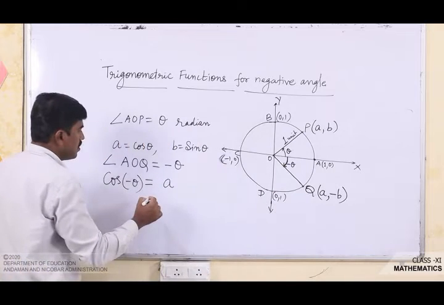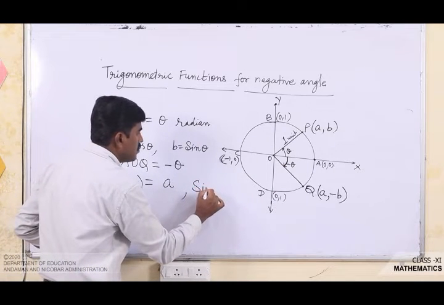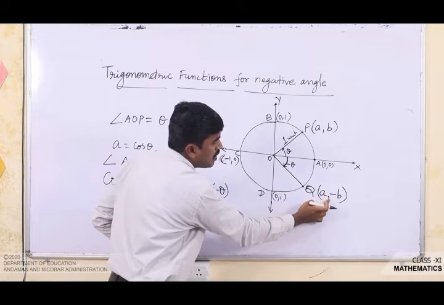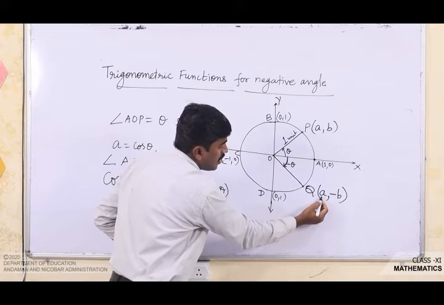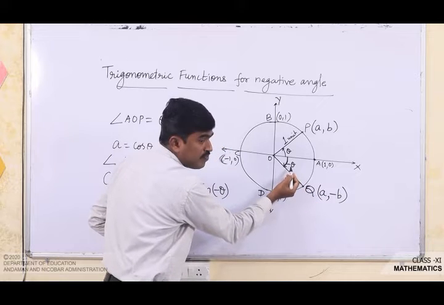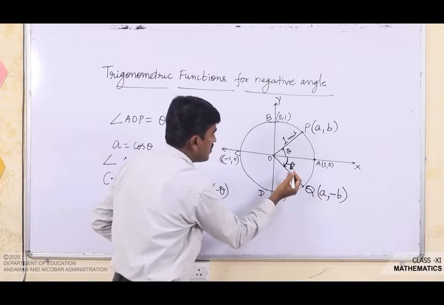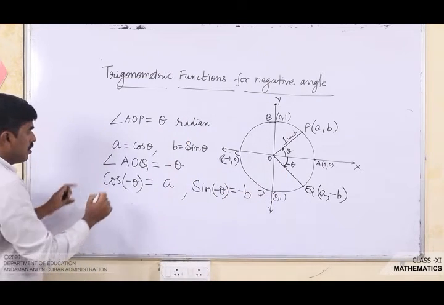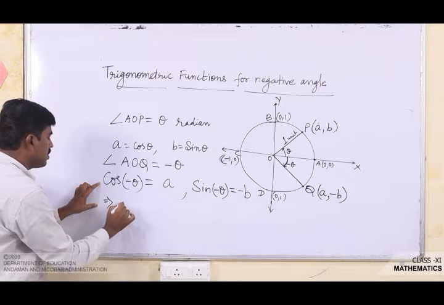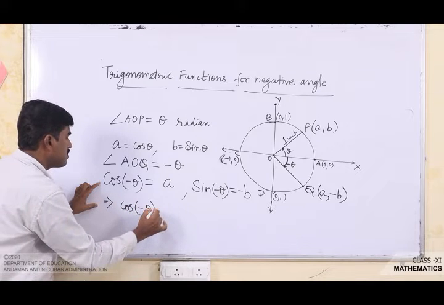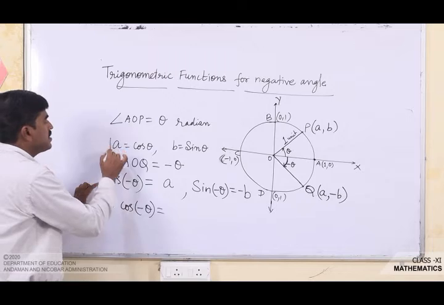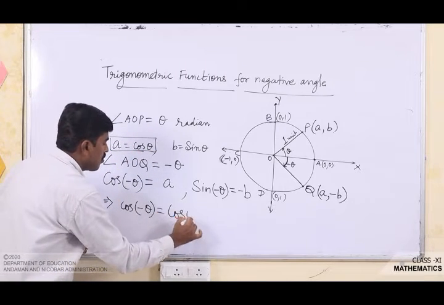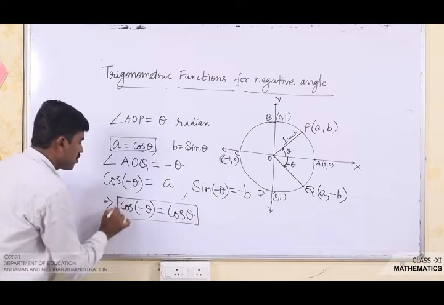And for sin of minus theta, the angle is minus theta and the point is A comma minus B. So this A represents cos of minus theta and minus B represents sin of minus theta. So cos of minus theta can be written as A, that is A is equal to cos theta. So we have cos of minus theta is equal to cos theta.